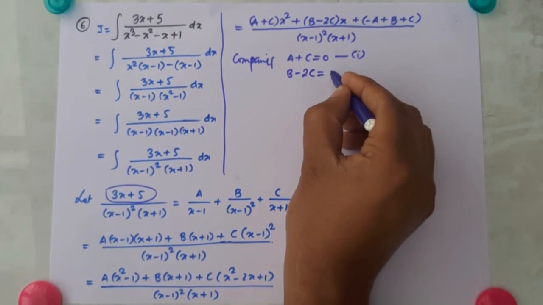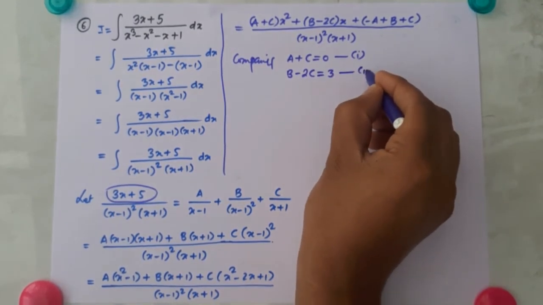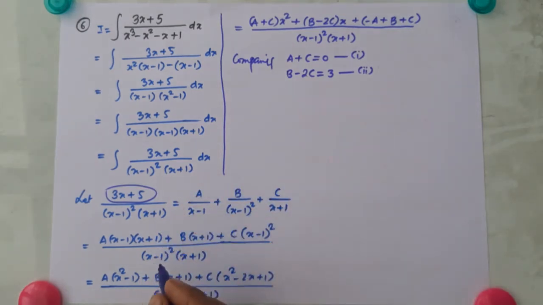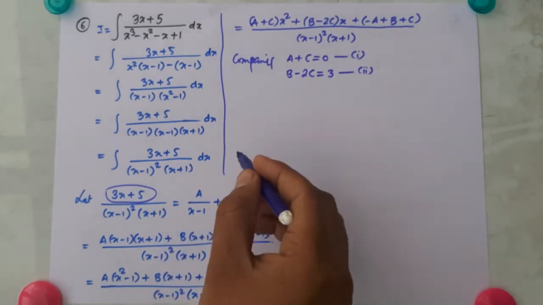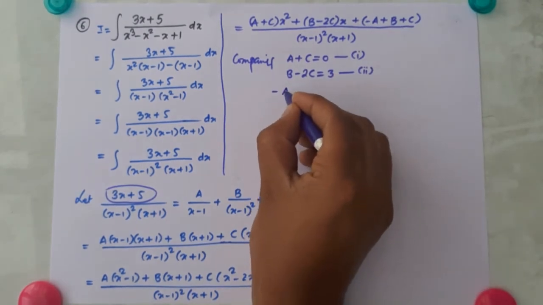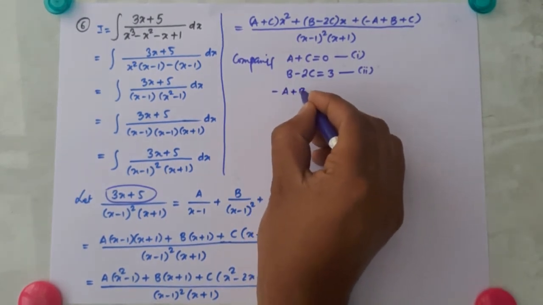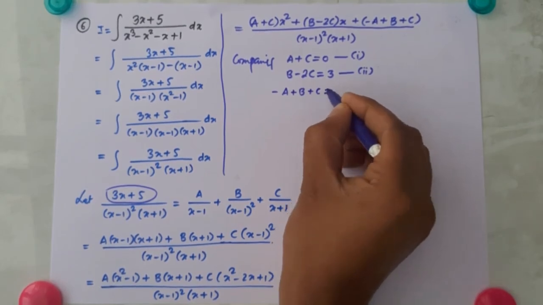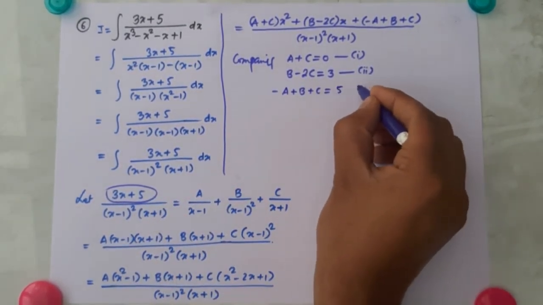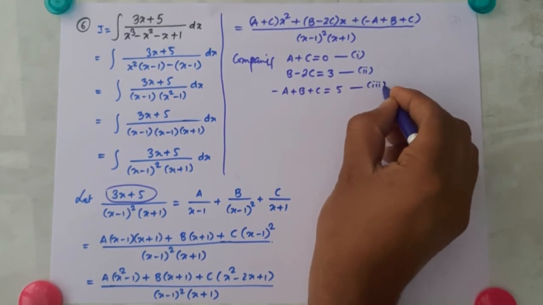So the value of b minus 2c turns out to be 3, and let me call this equation 2. Okay, and similarly we have the constant term. So the constant term here is 5, and here the constant term is minus a plus b plus c. So the value of this turns out to be equal to 5. Call this equation 3.